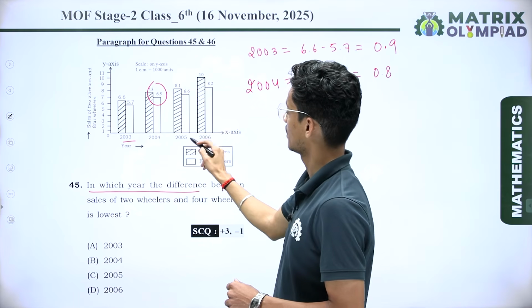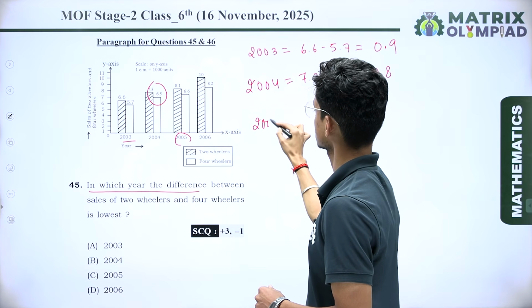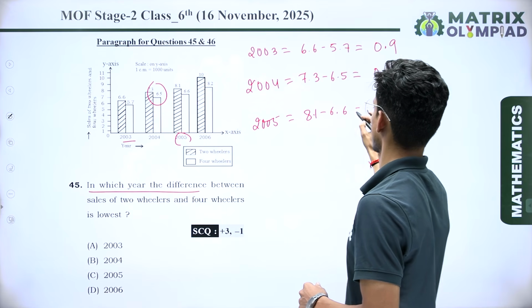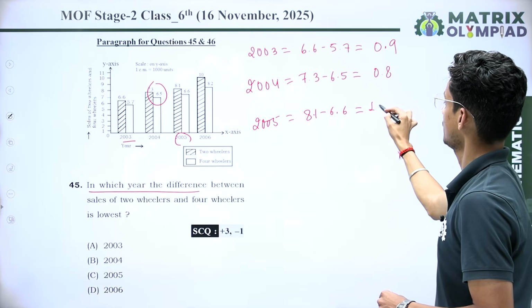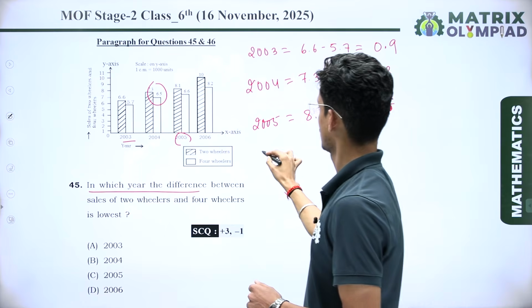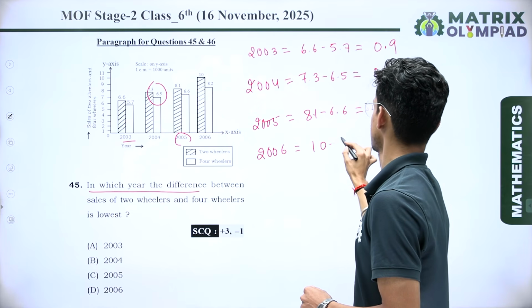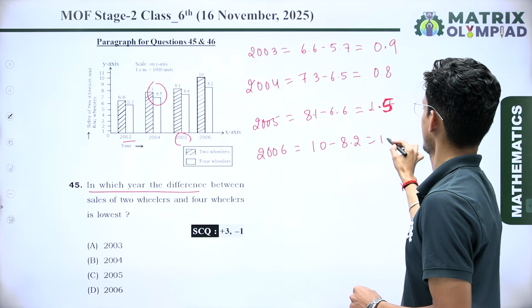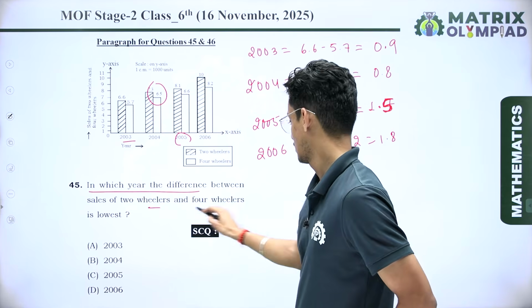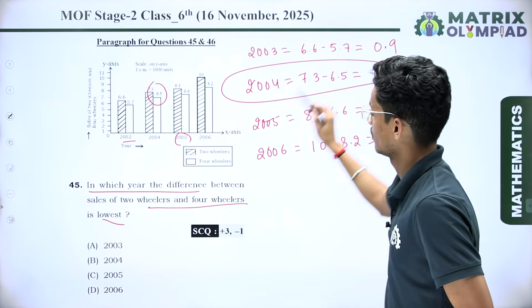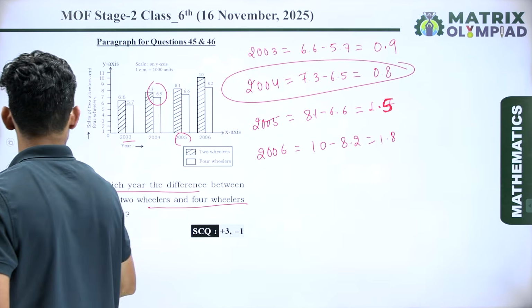In 2005, the difference is 8.1 minus 6.6, so we get 1.5. In 2006, the difference is 10 minus 8.2, that is 1.8. Here we have to find the lowest, so it is this one. The year is 2004.